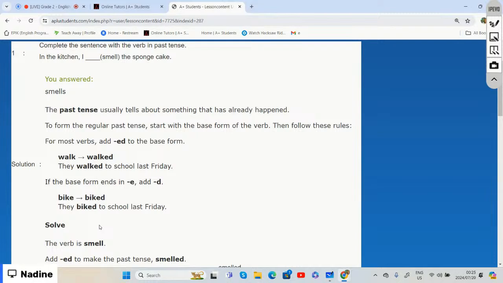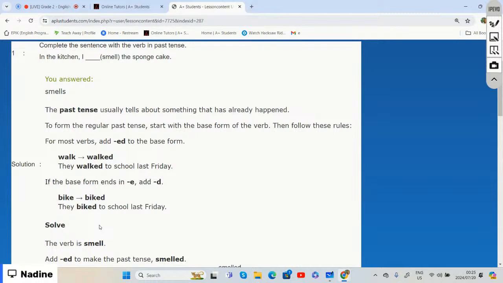All right. So we say that the past tense usually tells us about something that has already happened. In order to form the regular past, we need to start with the base form of the verb, which is the present tense form.